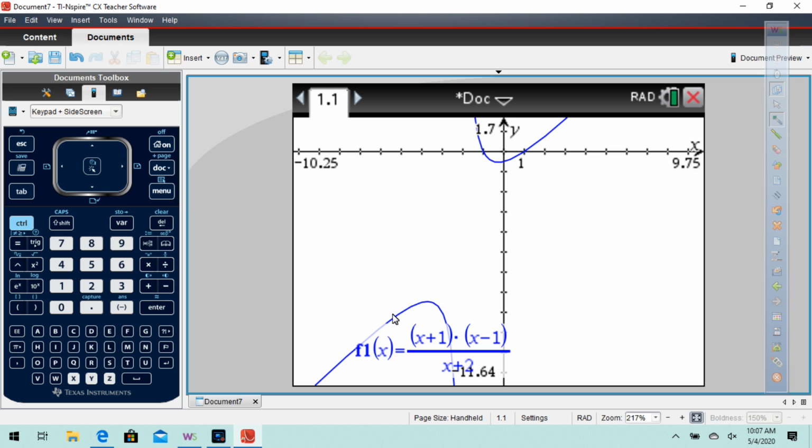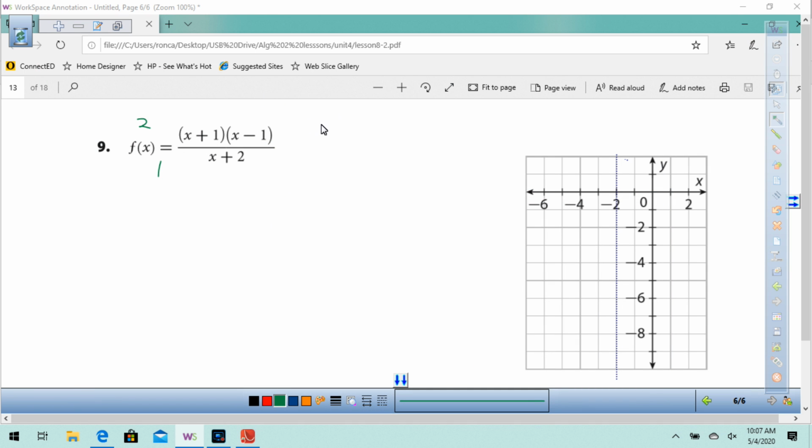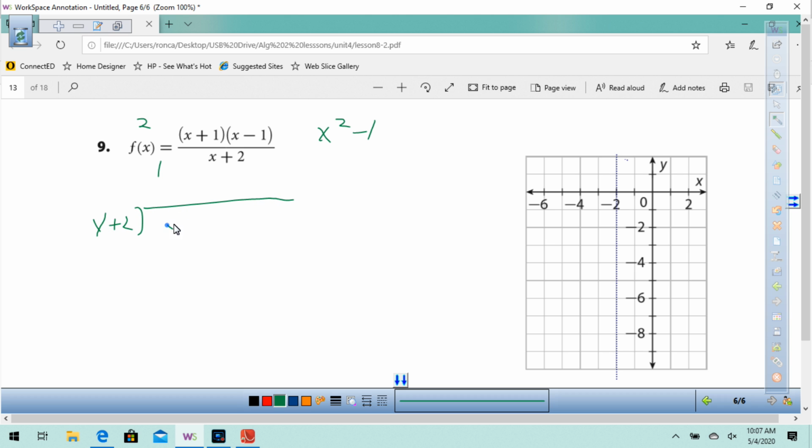And you could find that by multiplying the numerator out. That would be x squared minus 1. Then x plus 2 times x squared plus 0x minus 1 gives you x squared plus 2x.